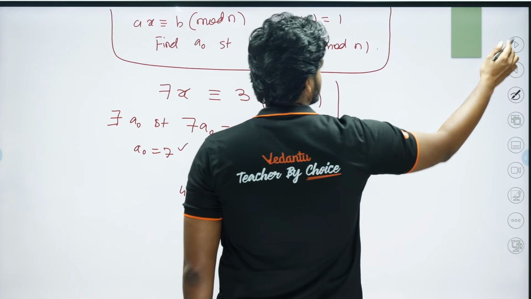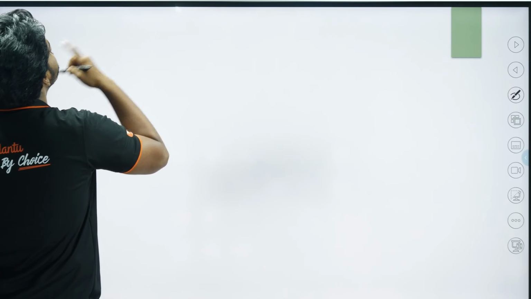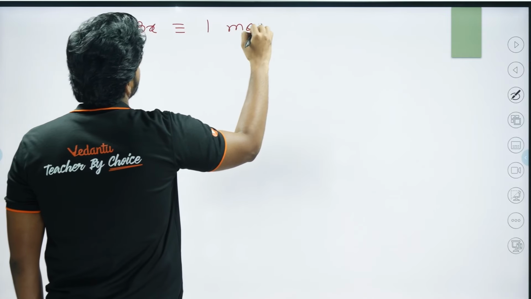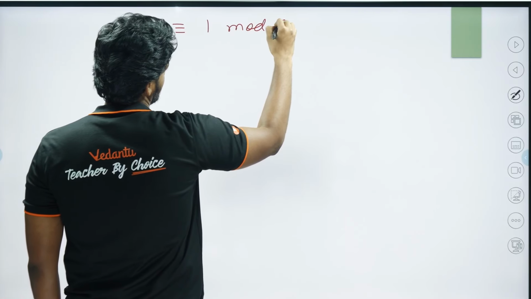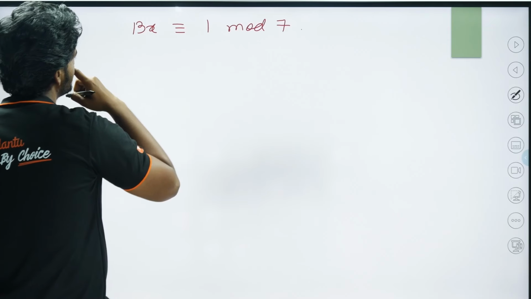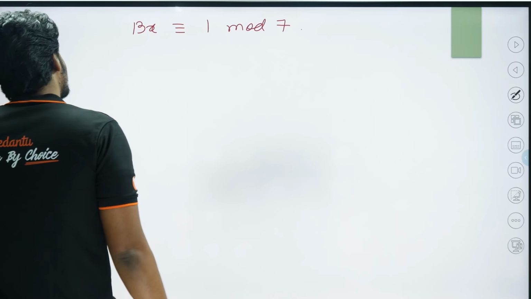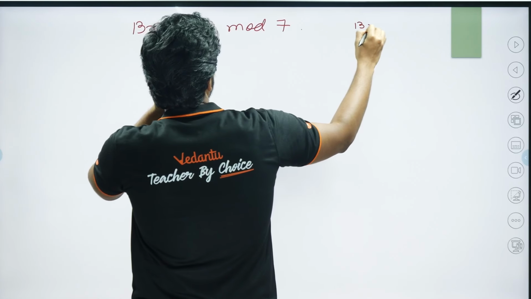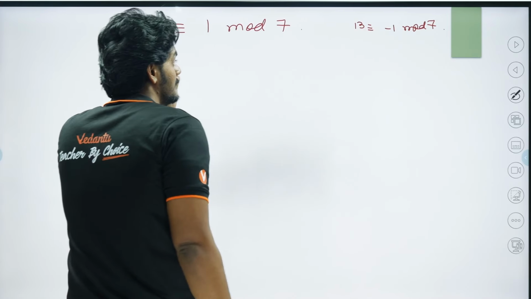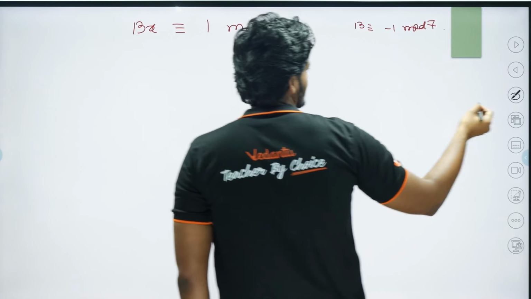So you can take another example. Last one which we can do is 13x congruent to 1 mod 7. Okay, that is again easy, I think. That's again easy because 13 is minus 1 mod 7, right? So it's easy, but let's not take 7 then.